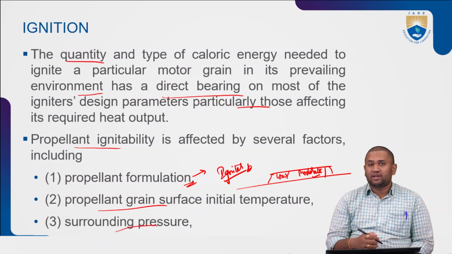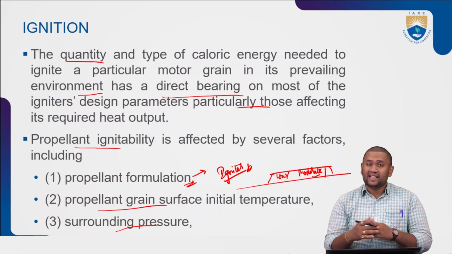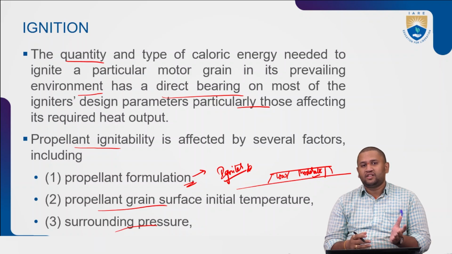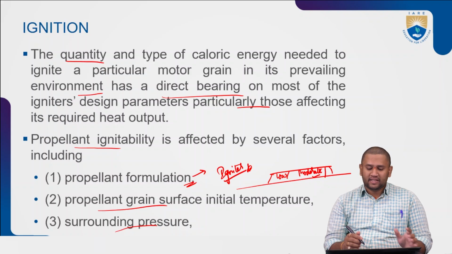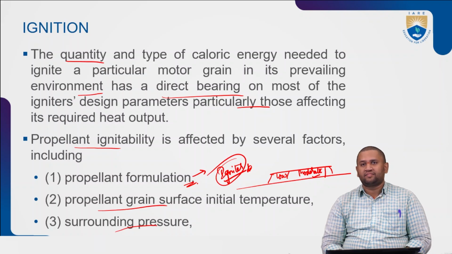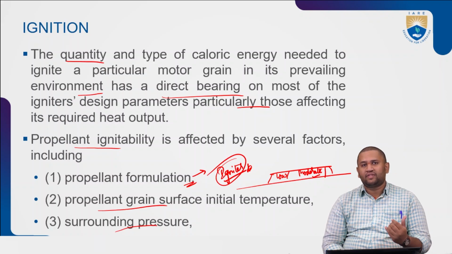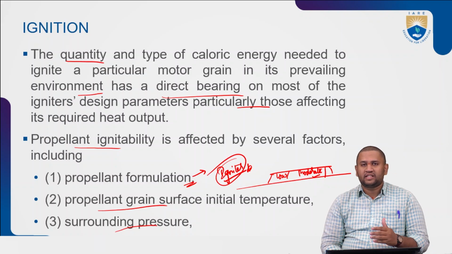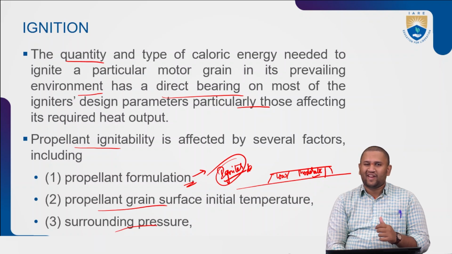Next will be the surrounding pressure, the pressure at which the grain is embedded, as well as the pressure that is being generated from the igniter gases. These two are included as propellant ignitability factors.